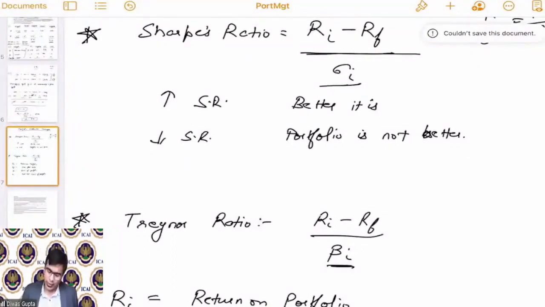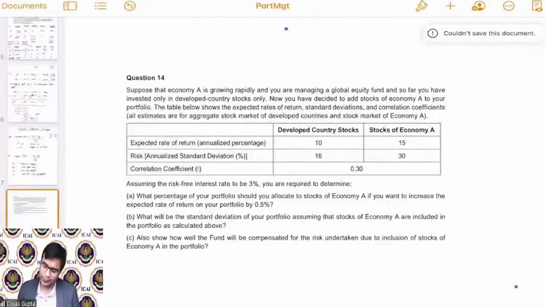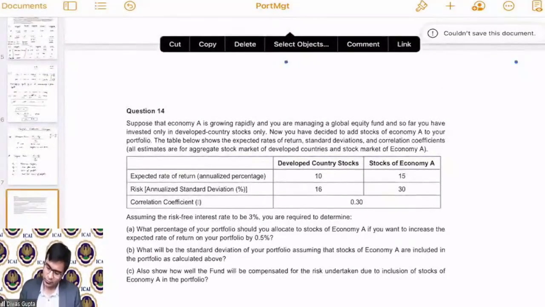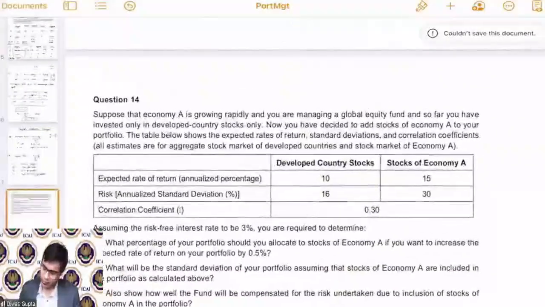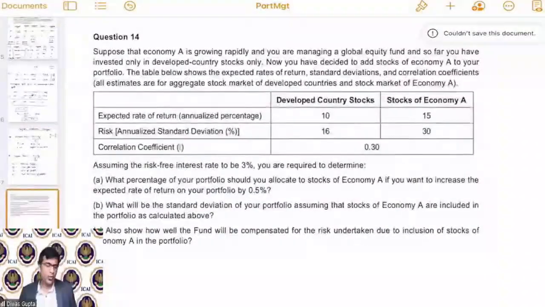Okay, now let us go to question number 14. Students, question number 14 says, now this is a very good question. Suppose economy A is growing rapidly and you are managing a global equity fund, and so far you have invested only in developed country stocks.